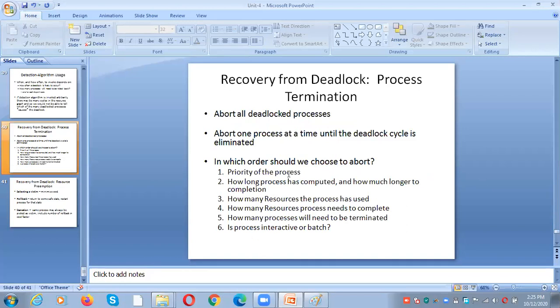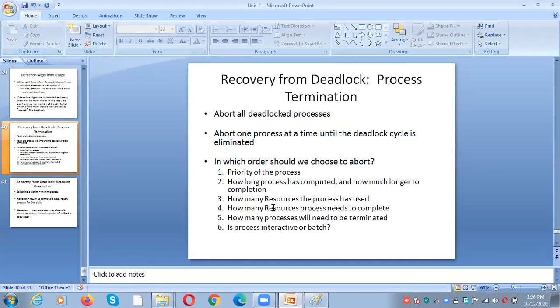These are the criteria, the things you need to consider when you want to remove one process from the cycle. What are those? You need to check the priority of the process first, whether it is a high priority process or a low priority process. And then how long the process has completed, that means how long it has been executed by the CPU.